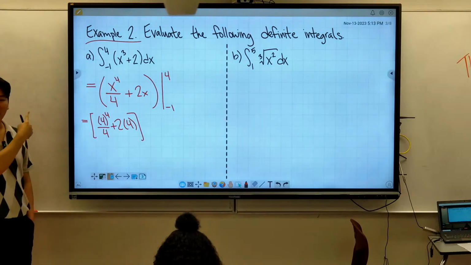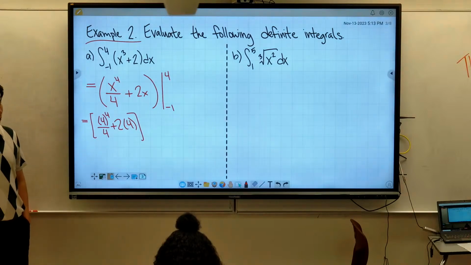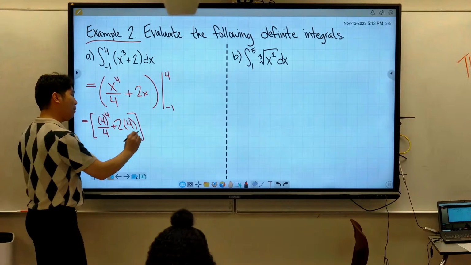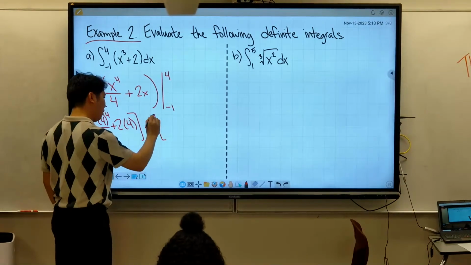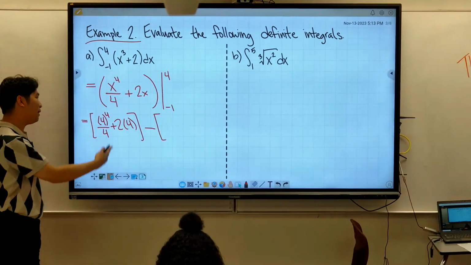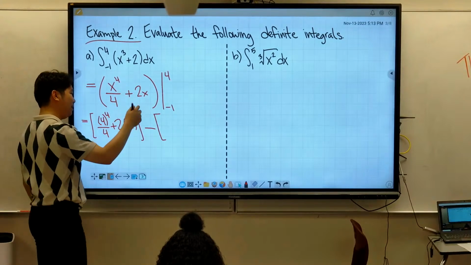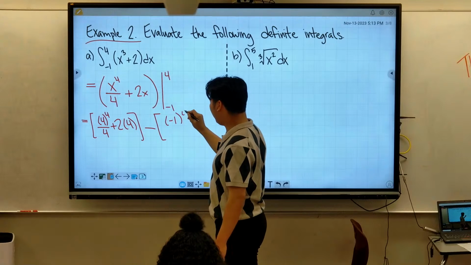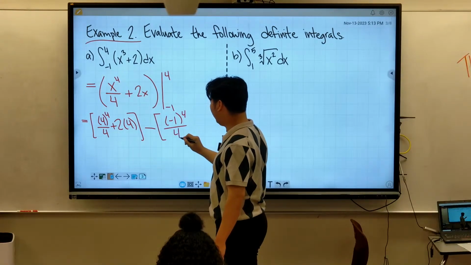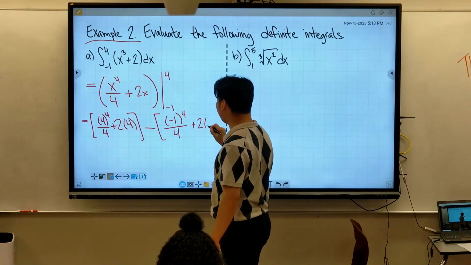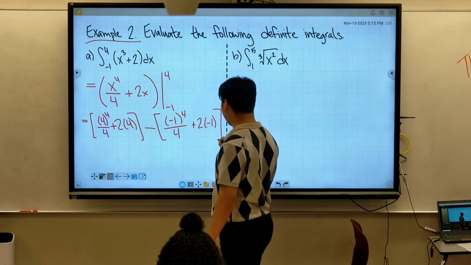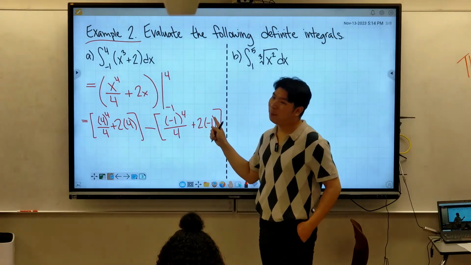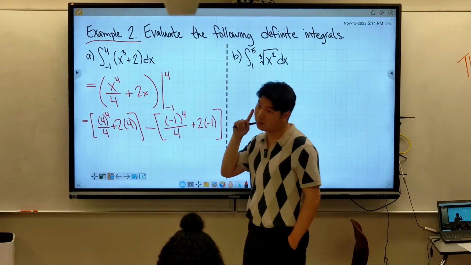That's me plugging in my upper bound, minus plugging in the lower bound of -1. So I'm plugging it in here: -1 to the 4th power over 4 plus 2 times -1. This is me applying the fundamental theorem of calculus, part 1.